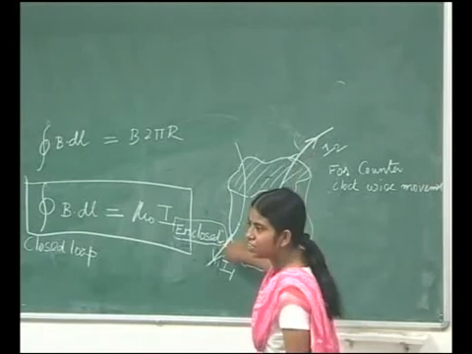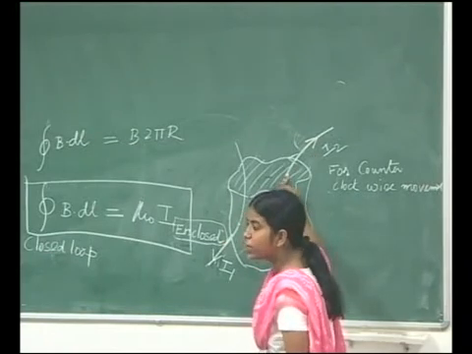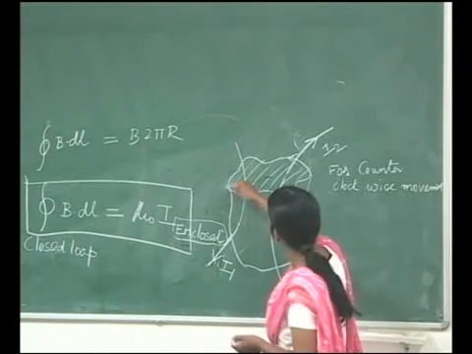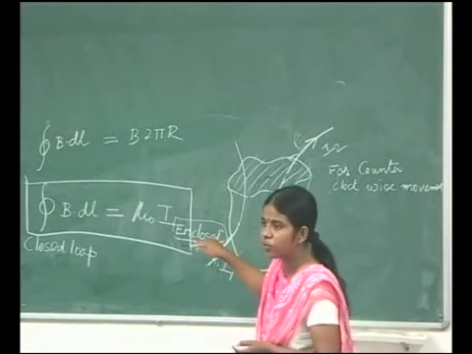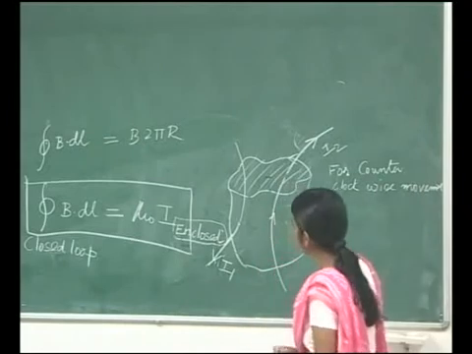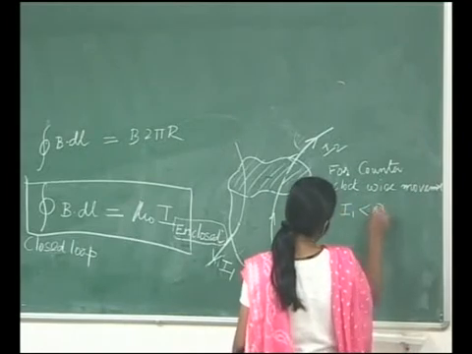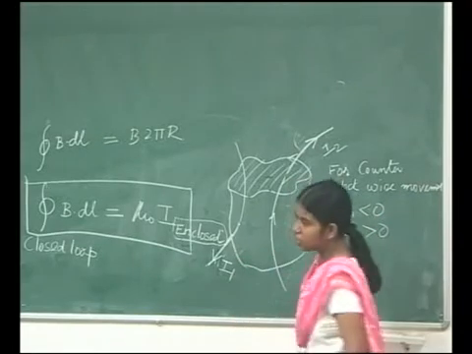Or I1 is negative, I2 is positive. Is it clear? It is very important how you are going to move on this closed loop, what your direction of movement is. So for this particular rotation, I1 is less than 0 and I2 is greater than 0. Is it okay?